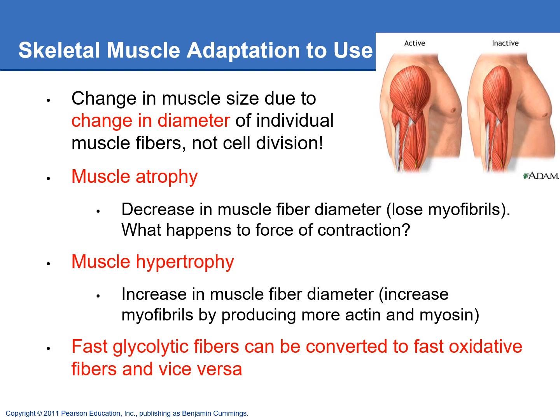So maybe you have somebody who's been training as a sprinter, and now they go and say, well, I'm going to go run a marathon. Well, just by training, you could change a lot of those fast glycolytic fibers into fast oxidative fibers. And then you could also go the other way.